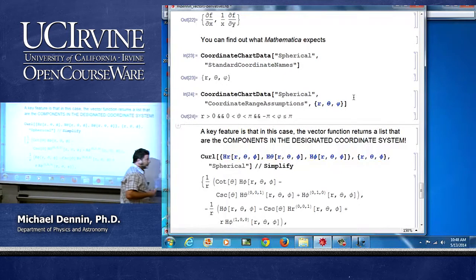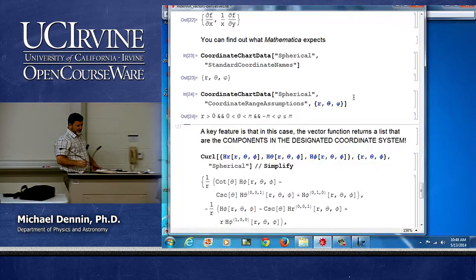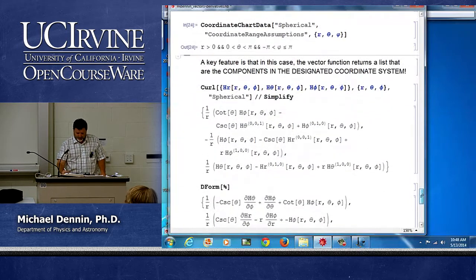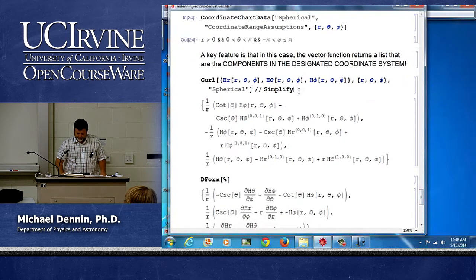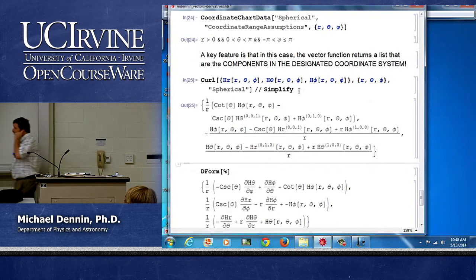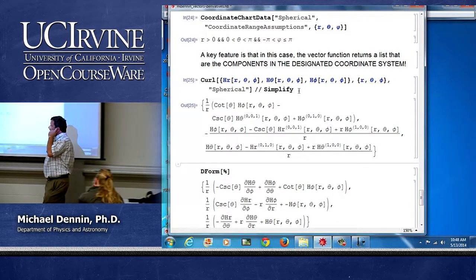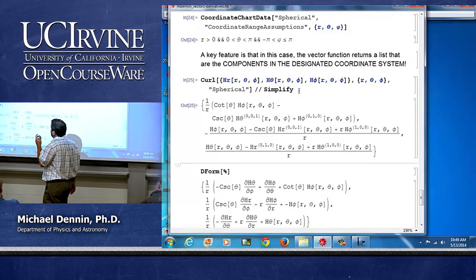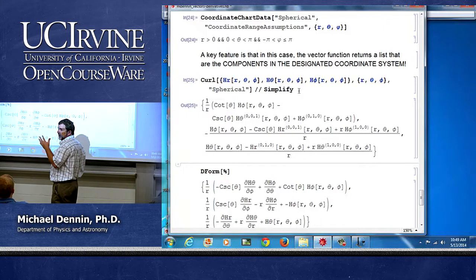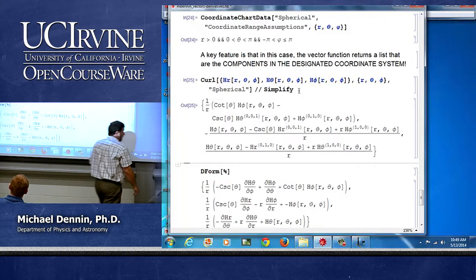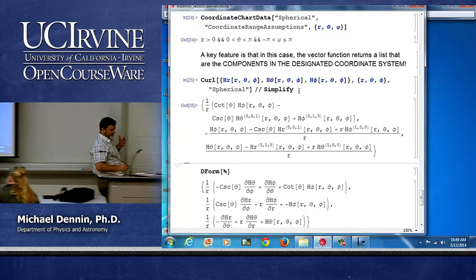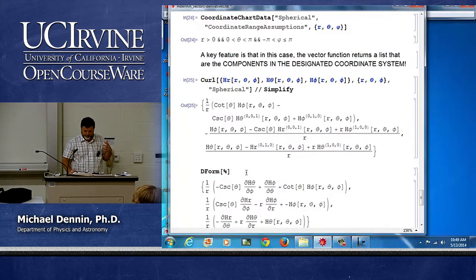Now, the final piece I want to say in terms of using this is, so here's a complicated thing, the curl. And now you can see why trying to keep track of all your zeros and ones and where they are in the derivatives is a mess. And this is why we really like D form.